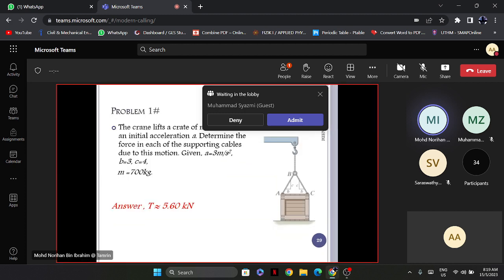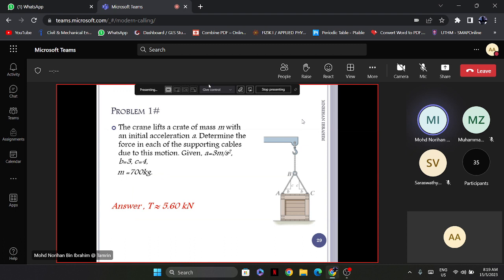Of course, when we deal with this kind of problem, in many problems, the first step is you need to draw the free body diagram as the initial step.